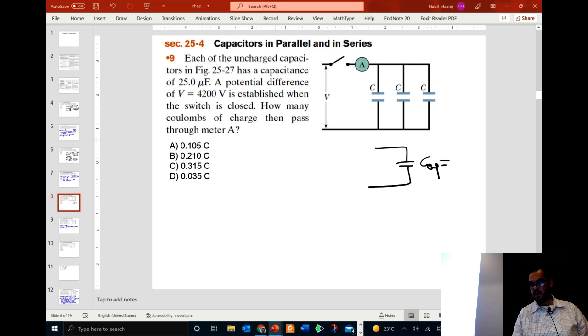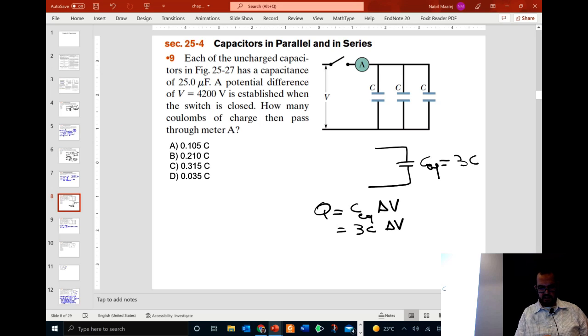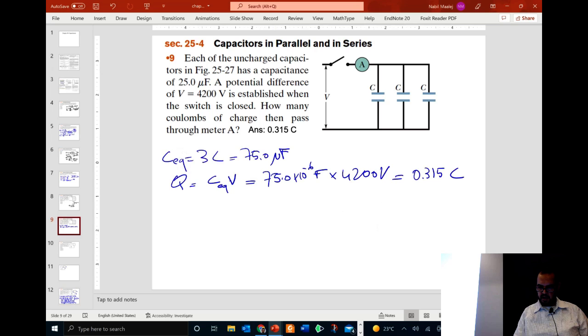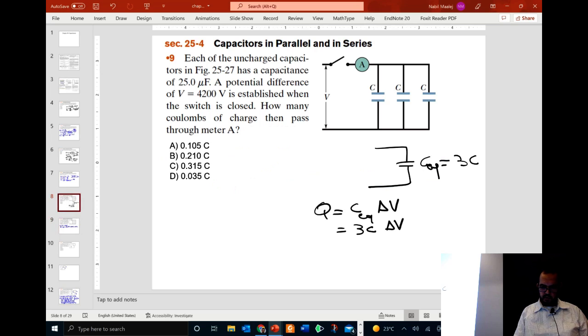Since these capacitors are connected in parallel, it's the sum, so it's 3 times C, okay, the same voltage. And how many coulombs of charge? We have Q is equal C equivalent times delta V, okay, so this is 3C times delta V, and we find that this is equal to 0.315 coulombs. Straightforward.